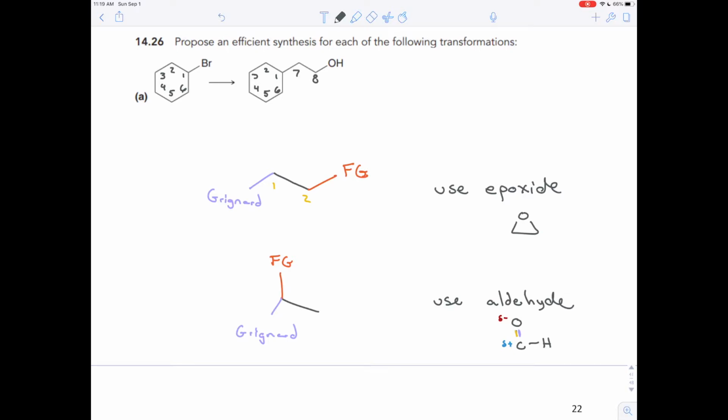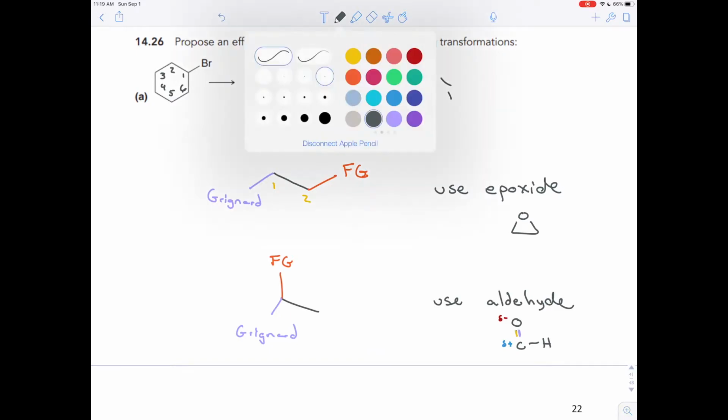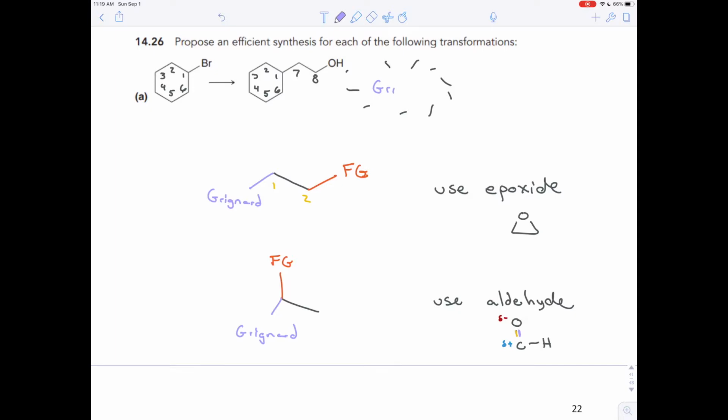So we added carbons, and that should be like flashing lights that we're going to have to use a Grignard reagent, our carbon nucleophile. Then you would compare it with these two cases, and you'd say, okay, if we look at this molecule, we see the bromine here, so this is where our new carbon chain is going to want to attach.